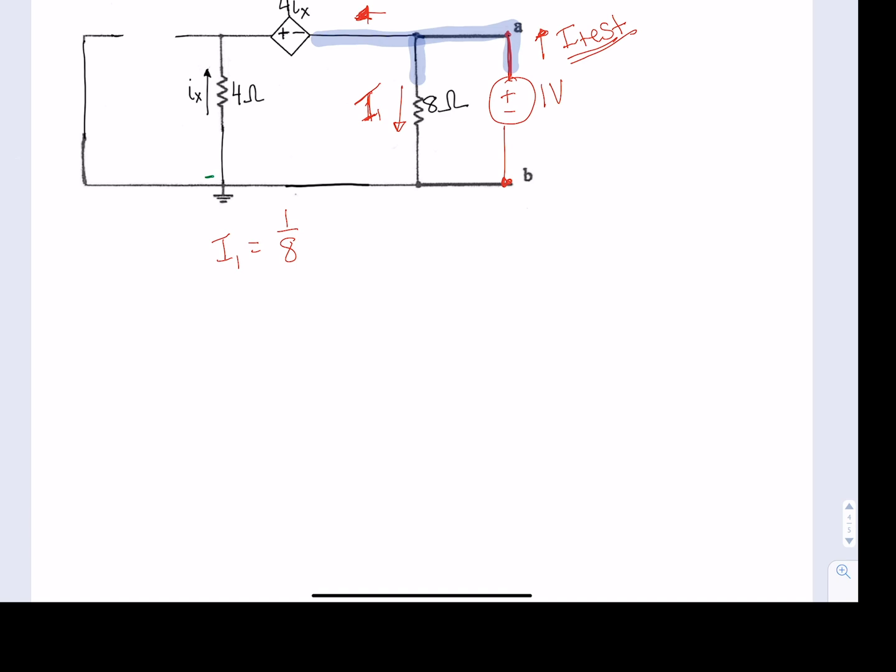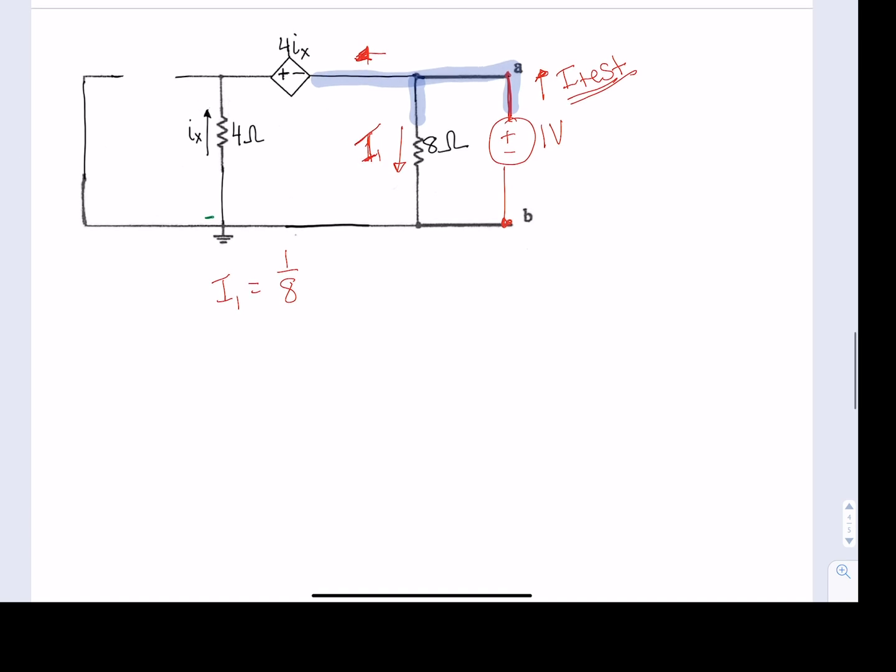So taking the current in the 4Ix branch, I can then define Ix with that. This red current will be the plus from the 1 volt, and then I'm going to subtract off. I'll call this I2. So my I2 will equal 1 minus a minus 4Ix over 4. Again, that's because I hit the minus sign of that dependent source.